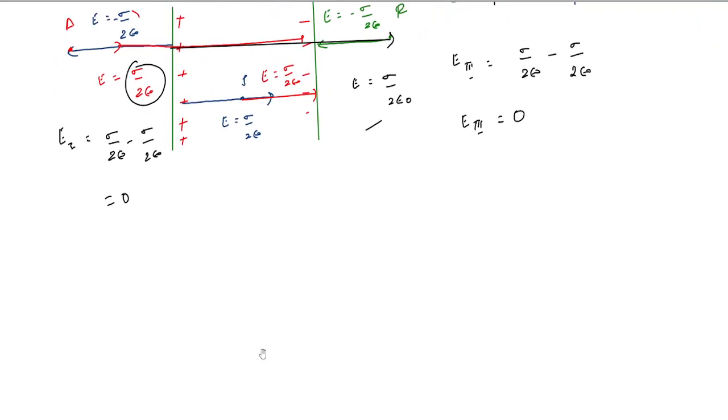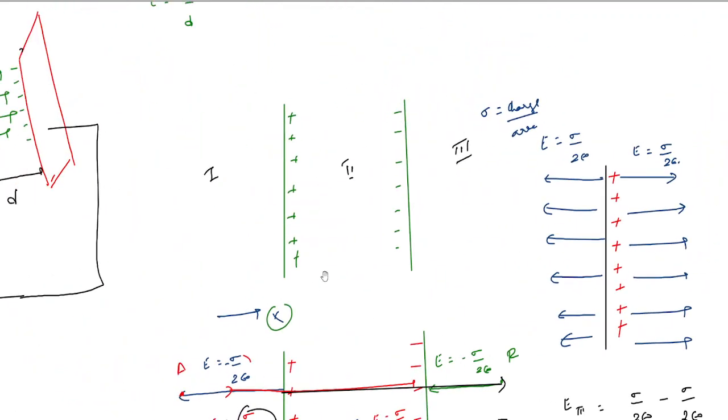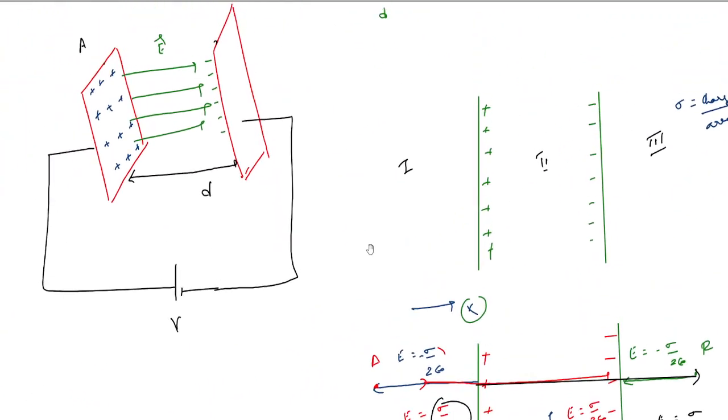Therefore, in this region, which we call region 2, the net field is sigma by 2 epsilon naught plus sigma by 2 epsilon naught, which is equal to sigma by epsilon naught. Therefore, the field between the two plates is a constant, and that value is equal to sigma by epsilon naught.